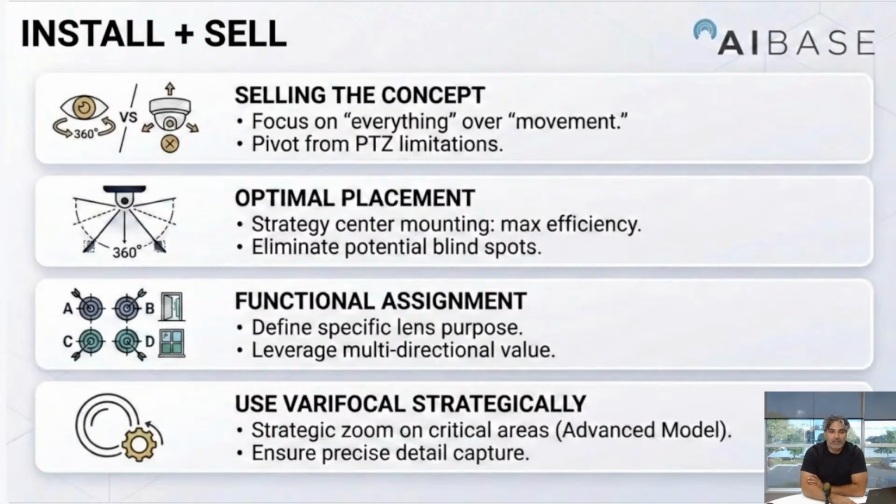Number 3, assign each lens a purpose. Like I said, each camera lens is pointing in one direction. You can move it. There is some allowed spacing between the cameras, so you can adjust them sideways and up and down.